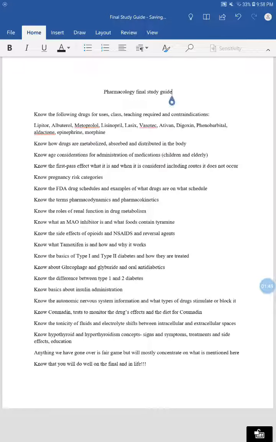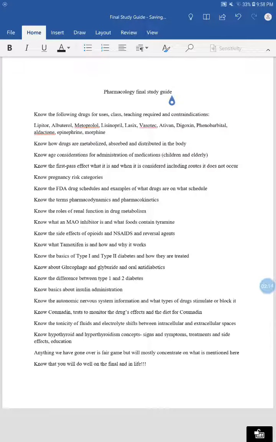So know the first pass effect, what that is, where it happens, and what it means. What routes go through the first pass effect versus those that do not. We're going to have a couple questions on the pregnancy risk categories, as well as the FDA drug schedules and examples of what drugs are on what schedule.